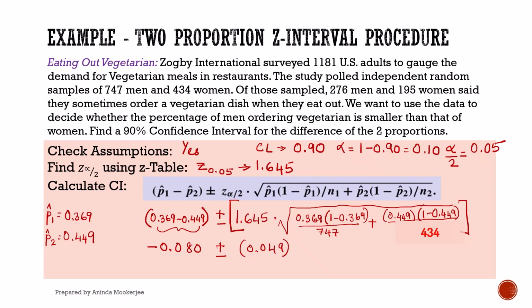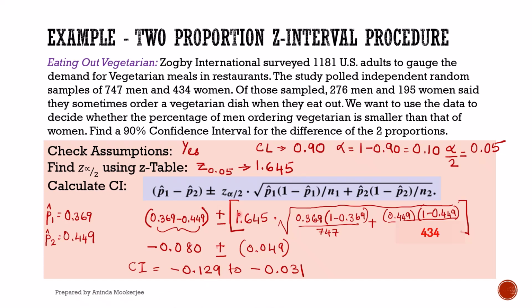And when you do the addition and subtraction, we come up with the two endpoints to be negative 0.129 to negative 0.031. So this is the confidence interval. It stretches from negative 0.129 to negative 0.031.